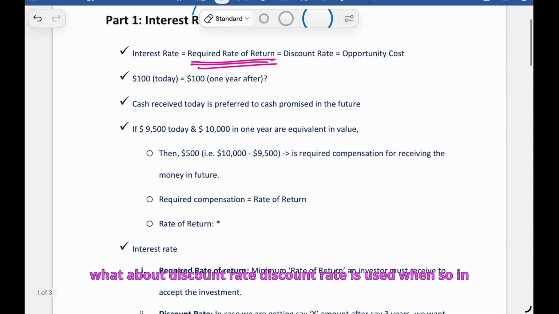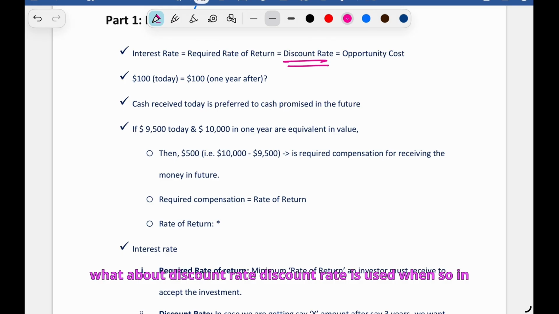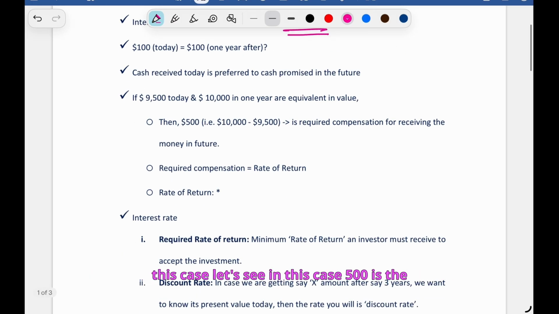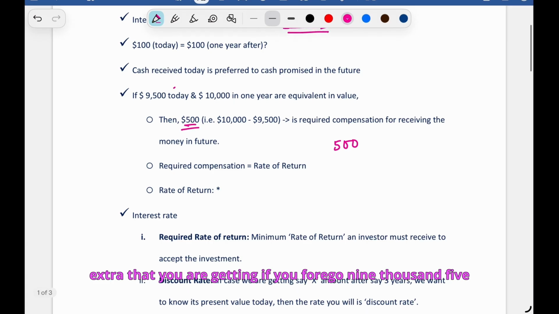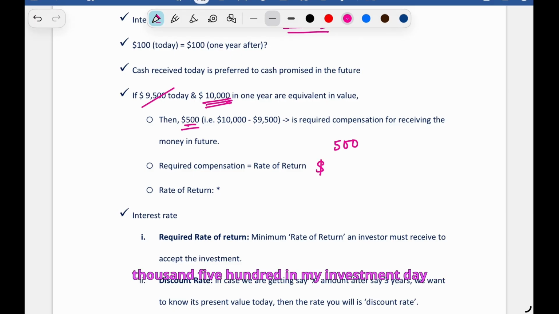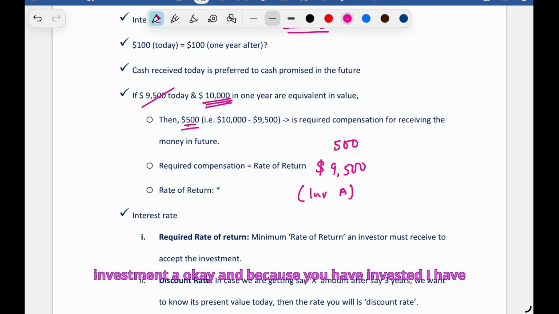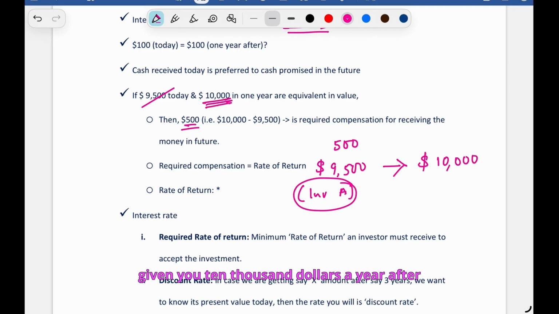What about discount rate? Discount rate is used when, in this case, 500 is the extra that you are getting. If you forego 9,500 today and you want this money a year after, or suppose you have invested 9,500 in my investment A, and because you have invested, I have given you $10,000 a year after. So this extra $500 that you're getting is your interest.